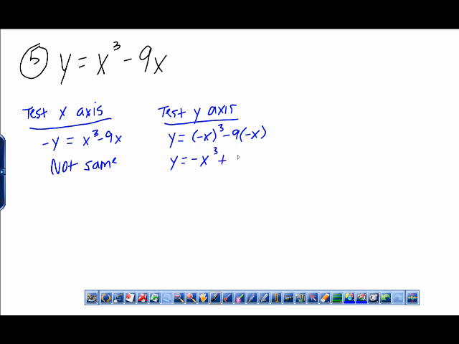This would be plus 9x, and you may be thinking, nope, it's not the same. Well, let's factor out a negative 1 because I still have hope. Although it didn't work because I still have this negative 1 I have to deal with. So again, it's not the same. So there is no symmetry with respect to the y-axis as well.